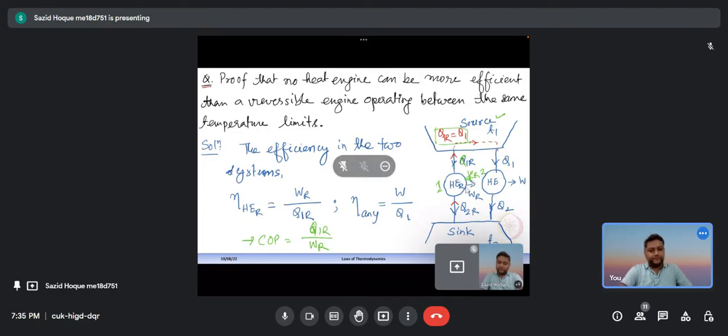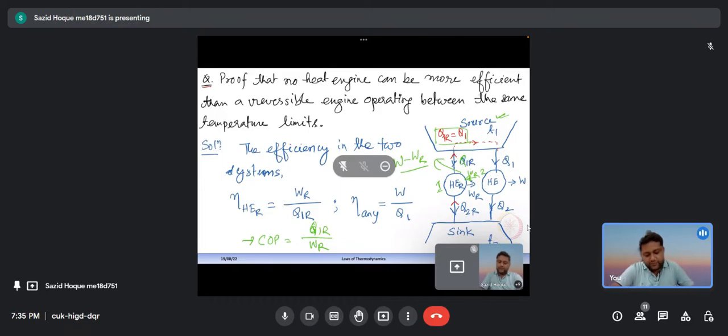The heat engine is reversed as a heat pump, and whatever heat is transferred to the source is given as an input to the heat engine. If you do that, this is working on a single source, and the output is W minus WR from this heat engine in total.